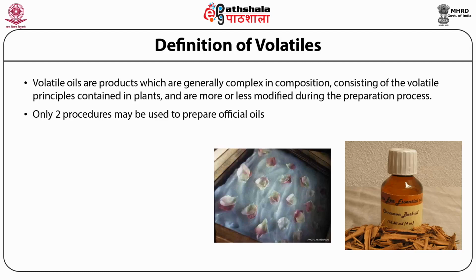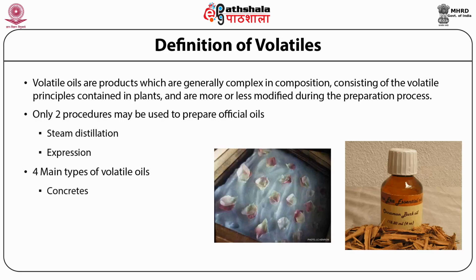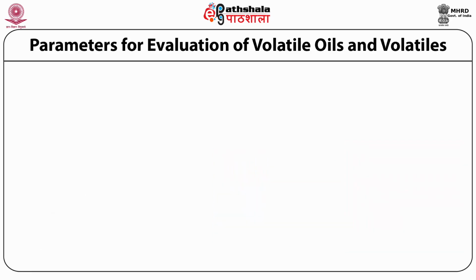We know they are prepared by steam distillation, expression, or solvent extraction, and the products of volatile oils and other volatiles are named either as concentrates, concretes, pomades, resinoids, or absolutes. This slide gives an outlook of the methods or parameters for the evaluation of volatile oils and volatiles.